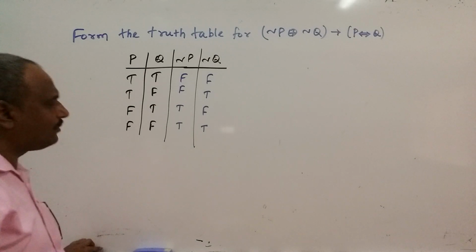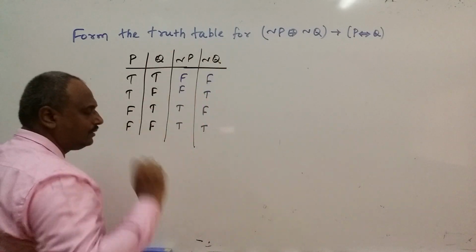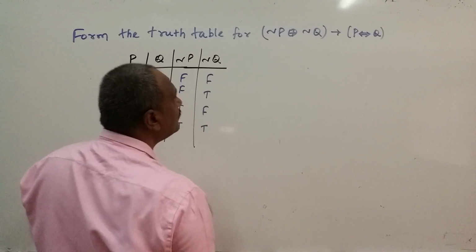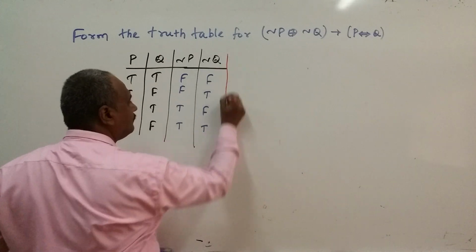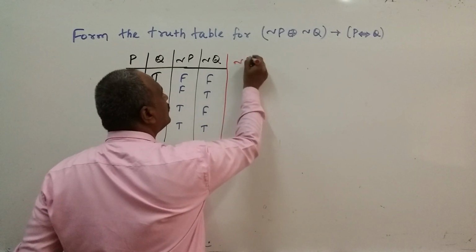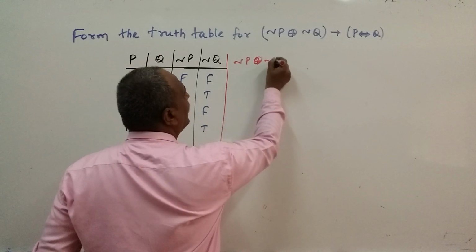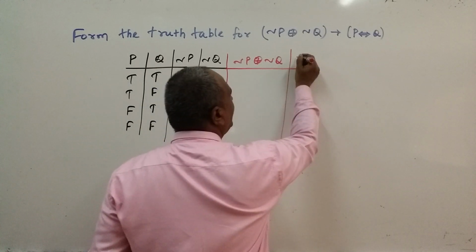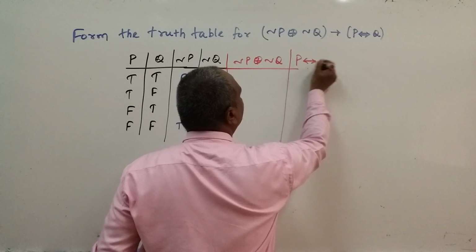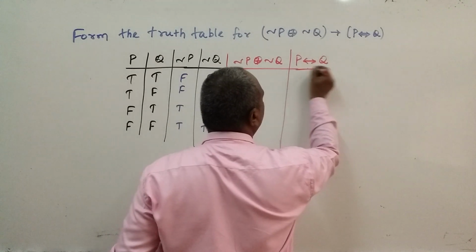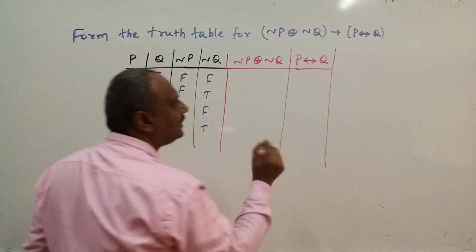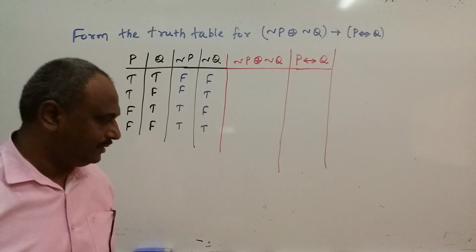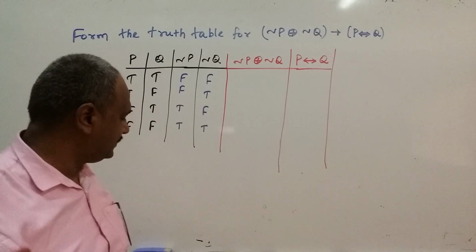Now I am going to check the overall statement requirement. We need negation P exclusive OR negation Q, then we need P double implies Q. Finally, I am going to combine these two results using the implies conditional statement.